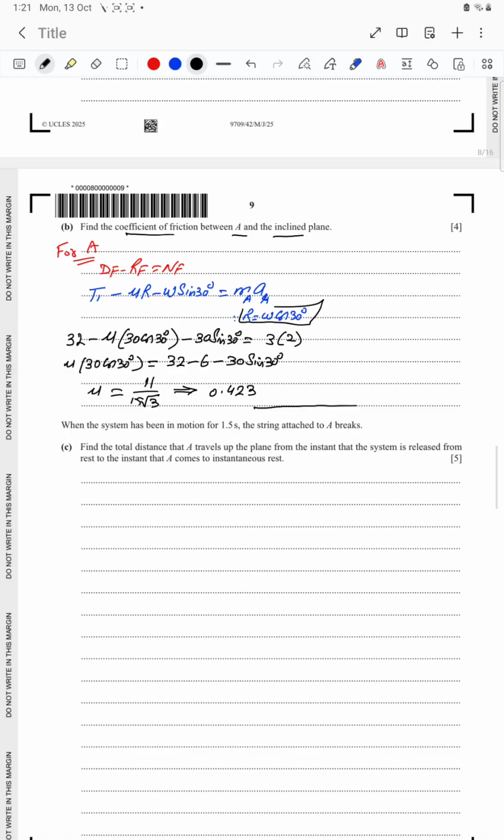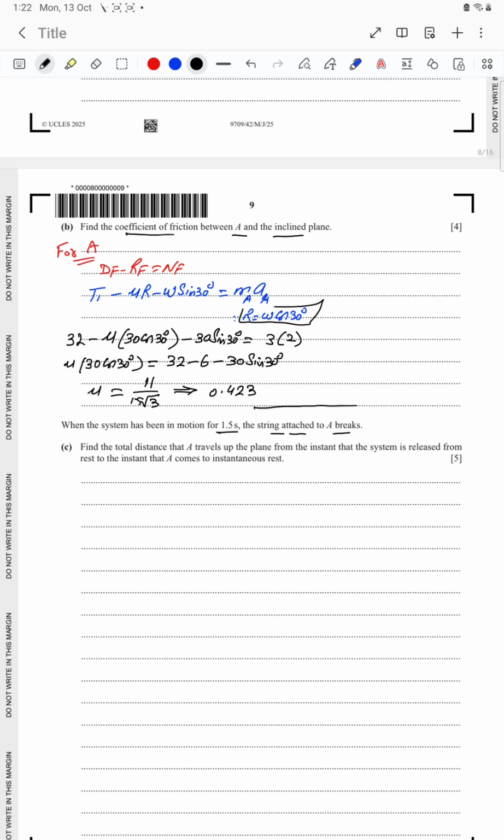Now we still have to go for part D. In part C it is given that when the system has been in motion for 1.5 seconds, the string attached to A breaks, so it will come down with the force of gravity.